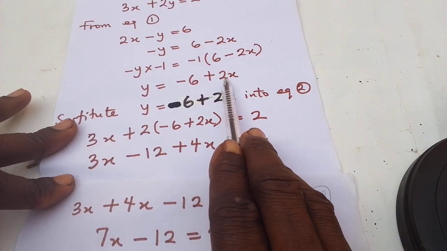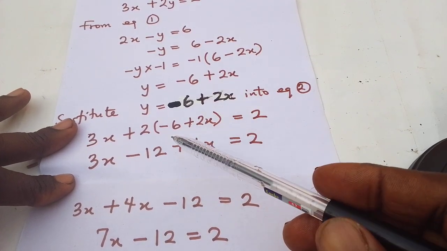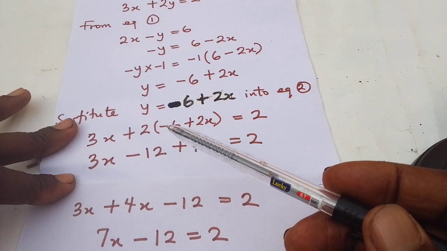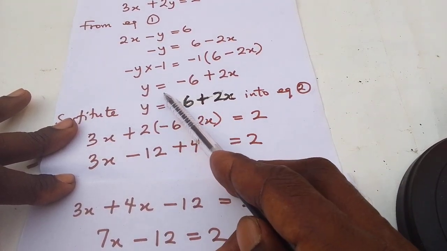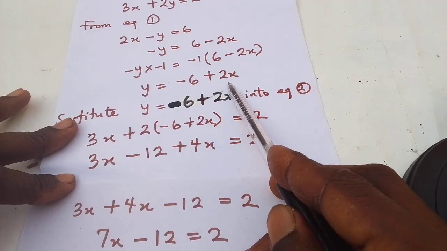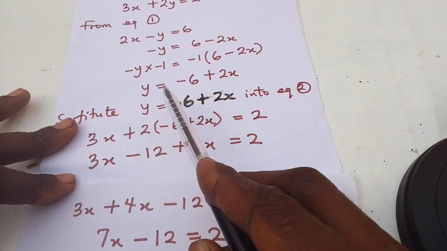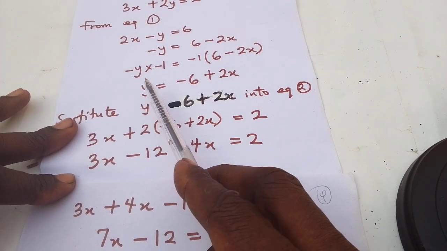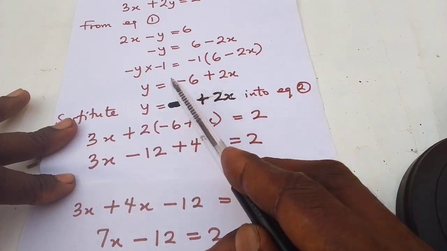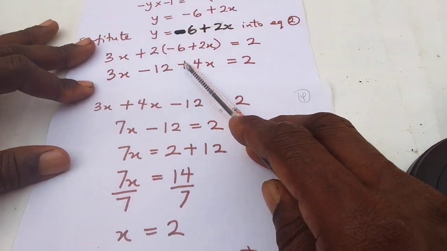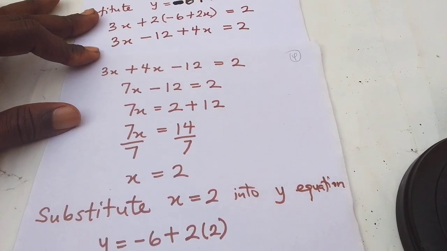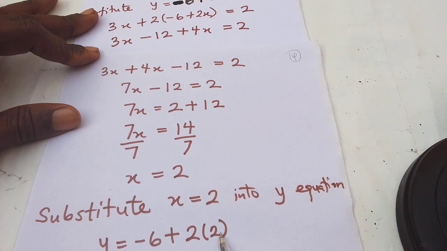Or you can also decide to substitute it into any of the equations, either equation 1 or 2. But it will be easier to use this equation that you have derived. It will help you to get it faster. So if you substitute the value for x into y equals minus 6 plus 2x, that means you now have y equals minus 6 plus 2, in place of x you are going to put 2.